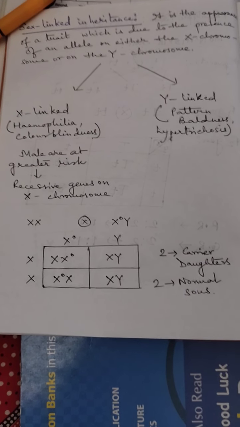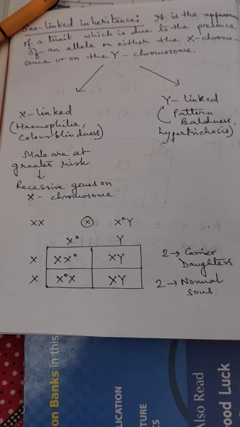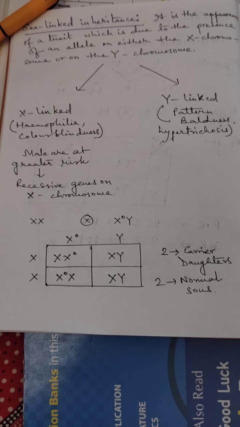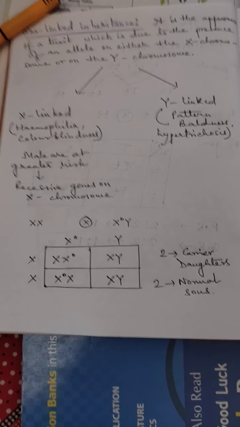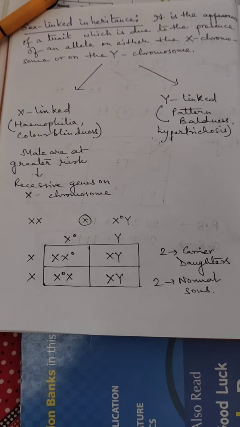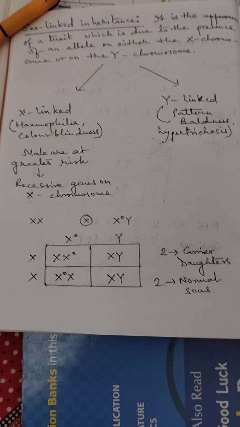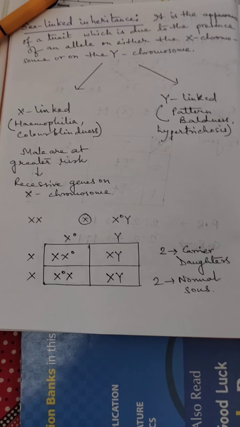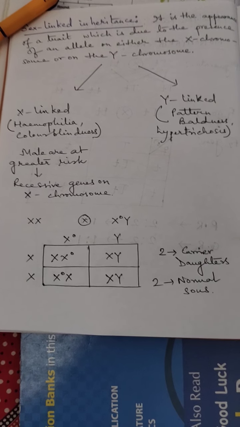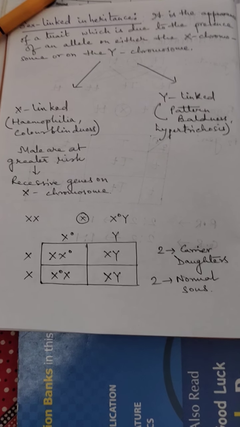That means either on the X chromosome or on the Y chromosome. Now they are of 2 types: X-linked inheritance and Y-linked inheritance. For X-linked inheritance, we have examples like hemophilia, color blindness, thalassemia, and Y-linked inheritance examples are pattern baldness, hypertrichosis.